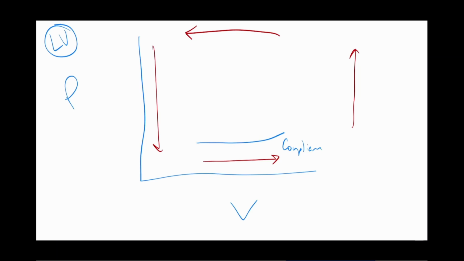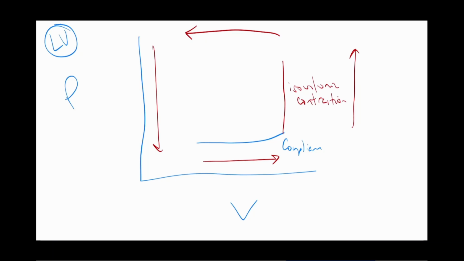So, at this point, we go up. The volume is not changing. Isovolumic contraction. The volume is staying the same, but we are generating pressure, which we measure in millimeters of mercury, going up.